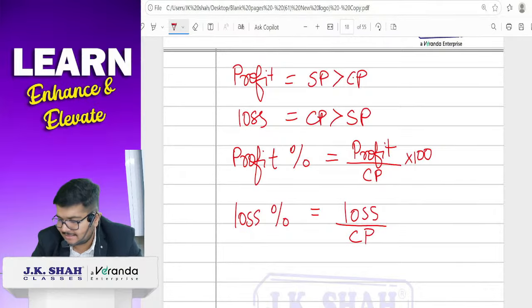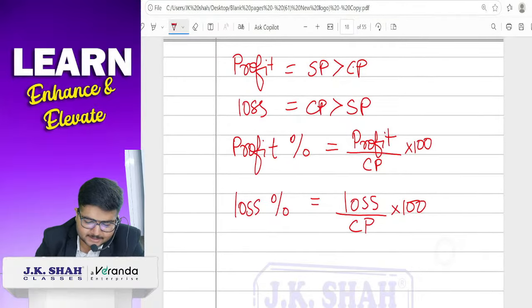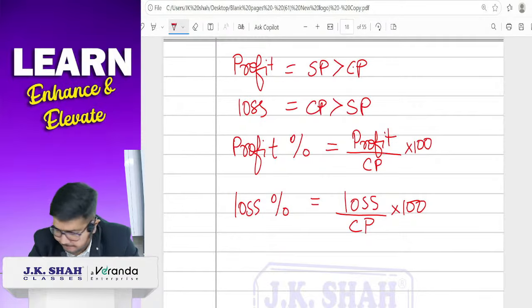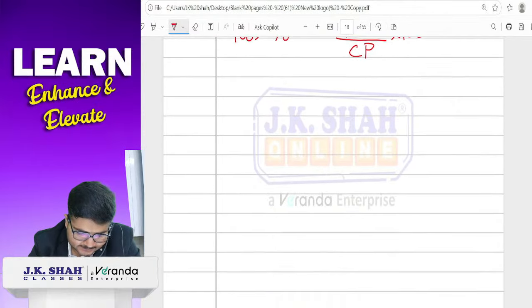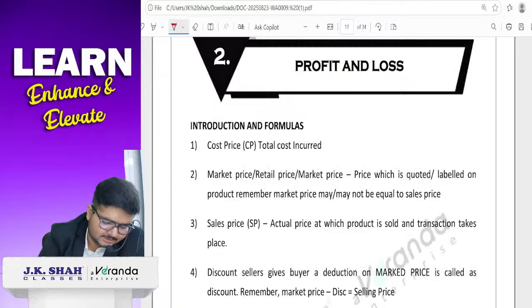That means either profit or loss, both are calculated on cost price, and because you are finding percentages, you will multiply by 100. This is the way you have to understand the formulas and not mug them up. Right? Let us start solving the sums of this chapter.